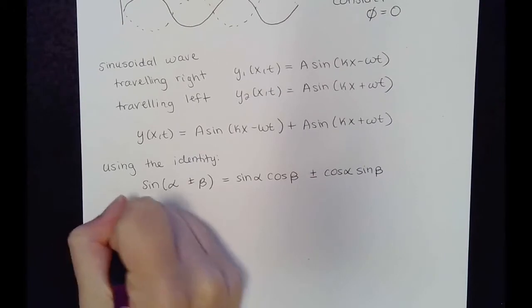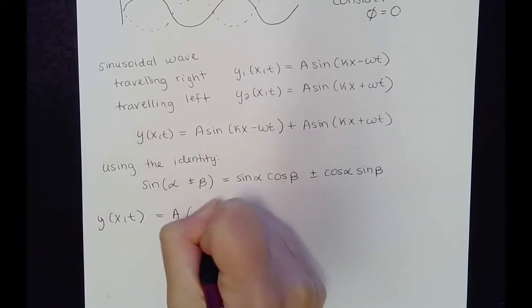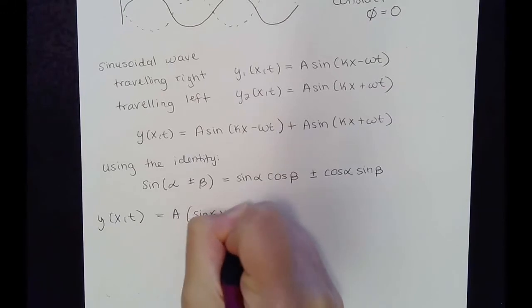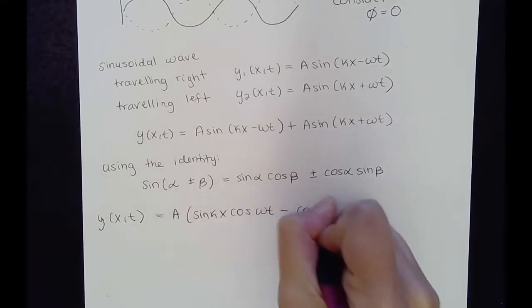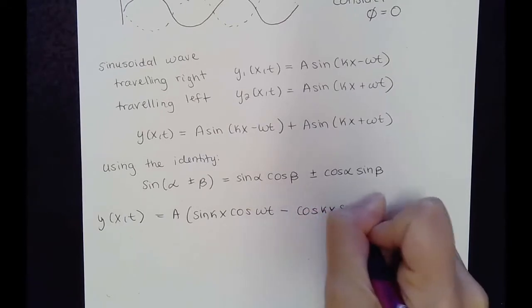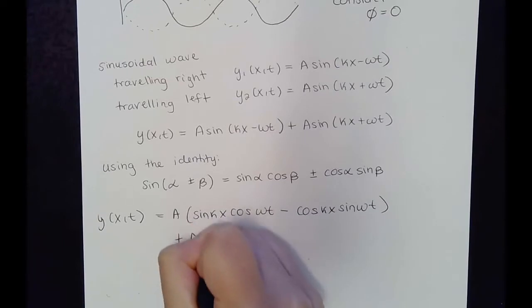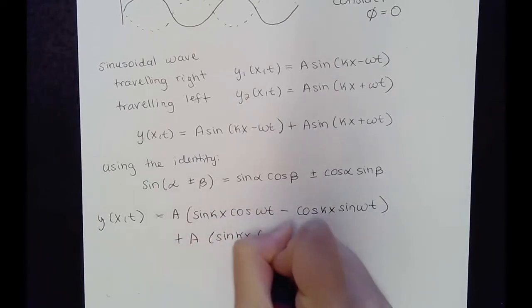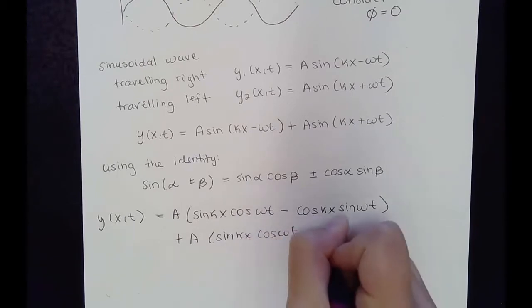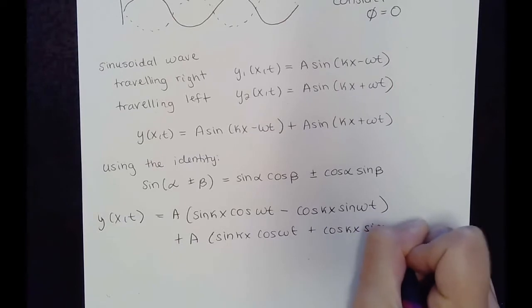Now we'll have y at x and t equals a sine kx cos omega t minus cos kx sine omega t for the first term, plus a sine kx cos omega t plus cos kx sine omega t.